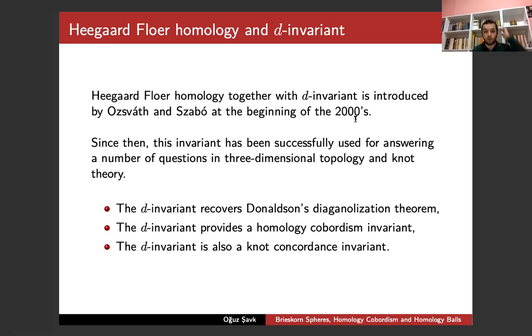Because first of all, it recovers the famous diagonalization theorem of Donaldson. The second is that the d invariant provides homology cobordism invariants. Also, we can use this invariant as a knot concordance invariant, because if you take a knot, its double cover is just a three-manifold, so you can treat the invariant also as a knot invariant.